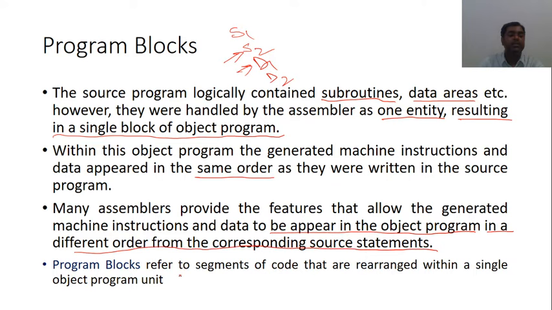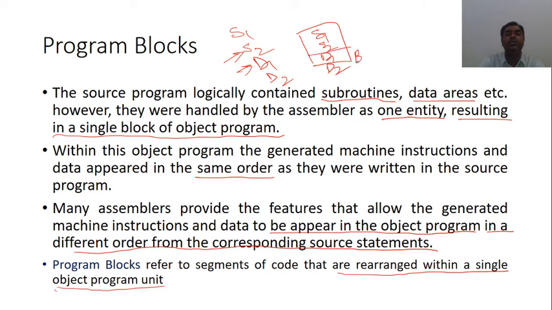Program blocks refer to segments of code that are rearranged within a single object program unit. That means if you are given a program, and by using the concept of program blocks, there are statements S1, S2, D1 and D2, we have to form the program blocks.